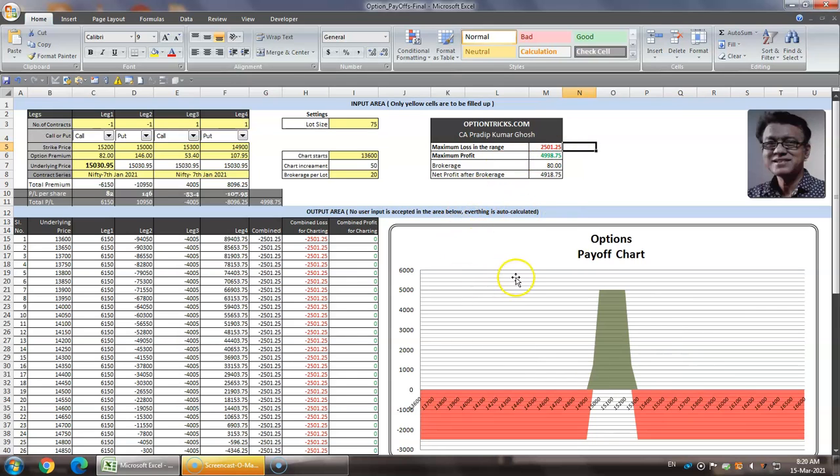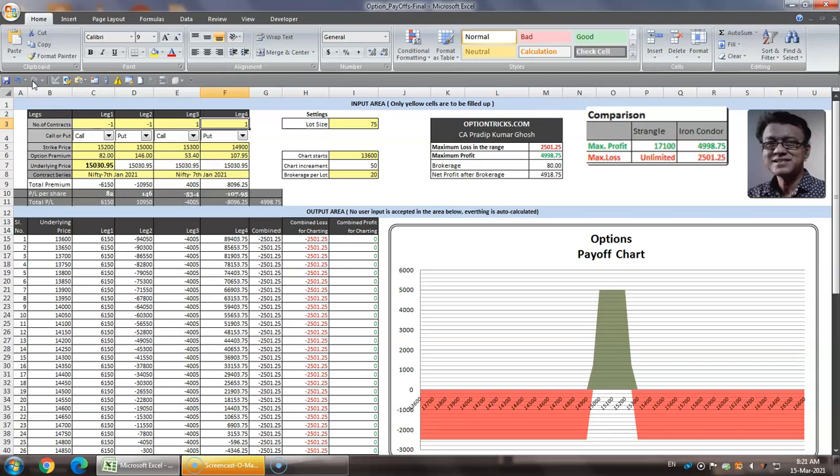This type of position is known as iron condor. People with limited resources very often take iron condor. If we take iron condor properly, then you can work within a limited range of loss and profit. I mean, this is obvious.